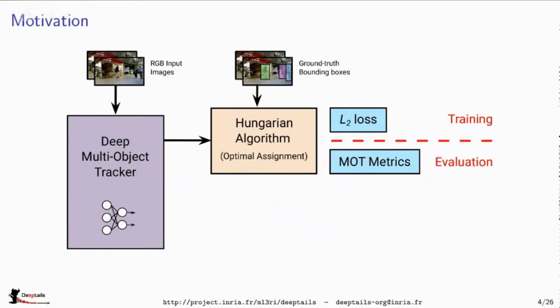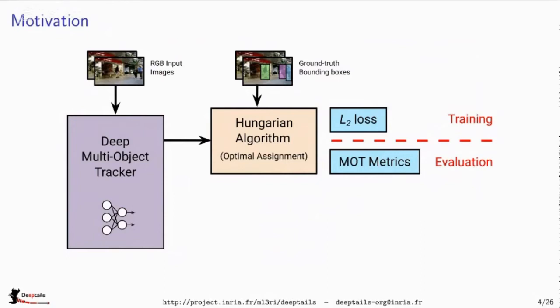Once the ground truth bounding boxes are assigned to the estimated bounding boxes, at training time we can compute, for instance, the L2 loss, or it can be any regression loss. And at evaluation time, we will actually compute standard multiple object tracking metrics that will be discussed after.